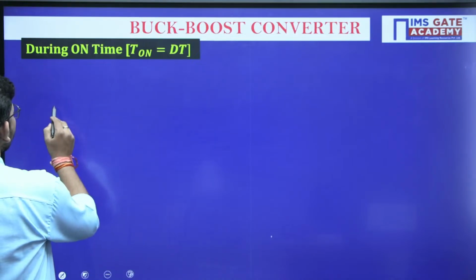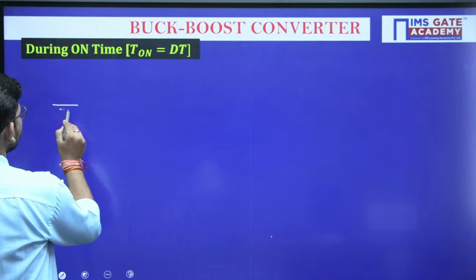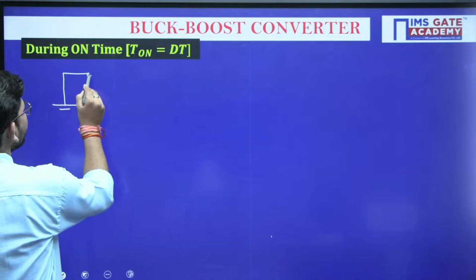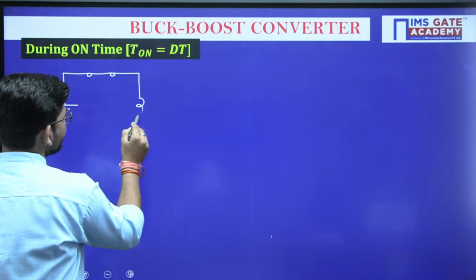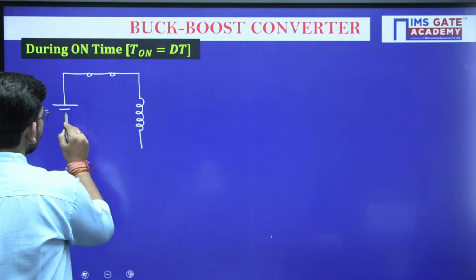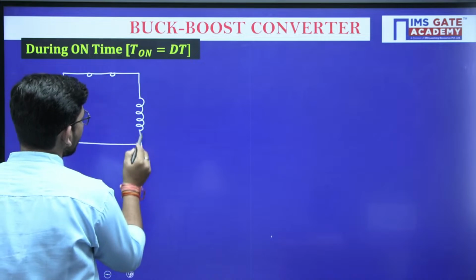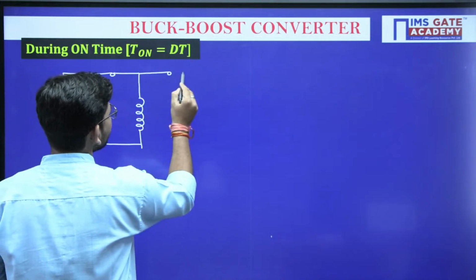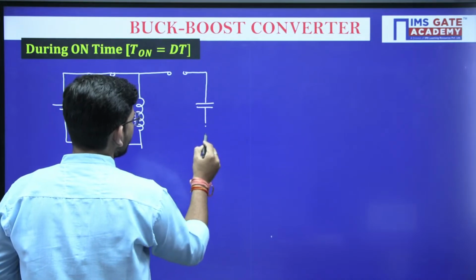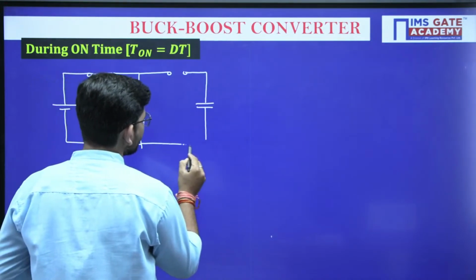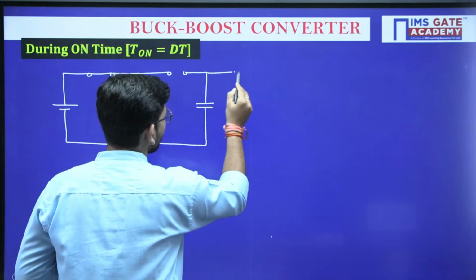So let's see what will happen if the switch is in the on state. I am turning the switch on, and during that time the diode will be off. So the diode I am putting in off position and the switch is turned on.